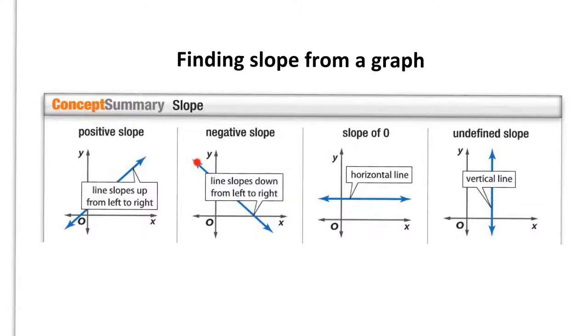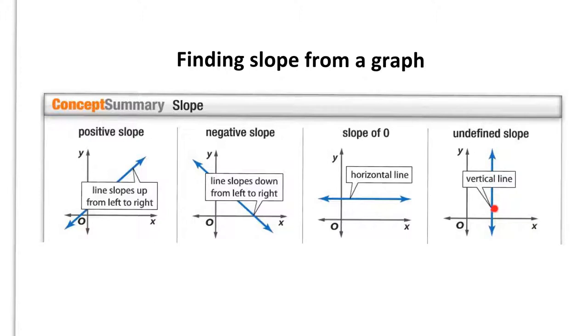If you have a line with the slope that goes down from left to right, so notice the line right here, from left, and you start going down the line, which is decreasing, that's going to be a negative slope. If you have a horizontal line sideways from left to right, that's a slope of zero.